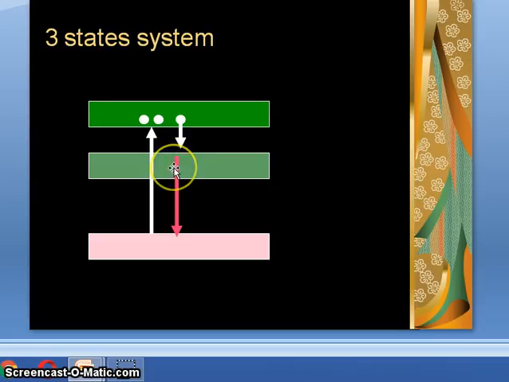In the metastable state, E2, another photon of energy E2 minus E1 is given to this electron, and this electron jumps to the lower energy state by emitting the energy in the form of light. This transition is called the lasing transition.